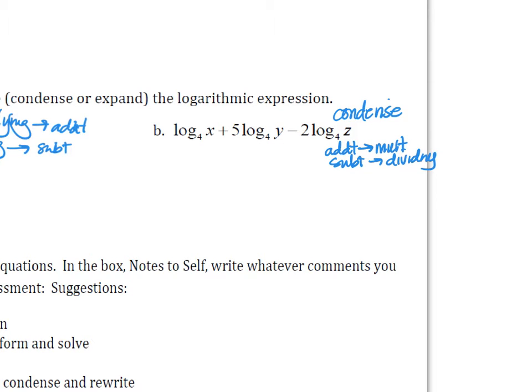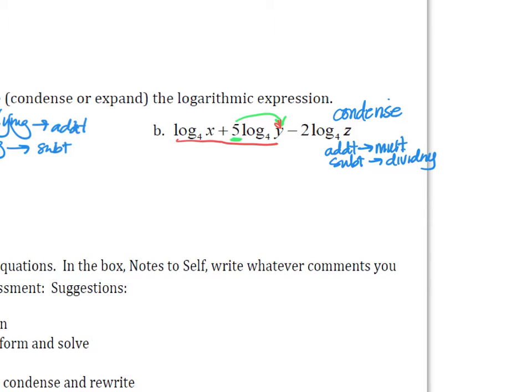So going left to right, let's do something first. Does everybody see this 5 in front of that log base 4 y? What it does is it moves to that exponent. So we're going to go ahead and write these two together with that exponent.